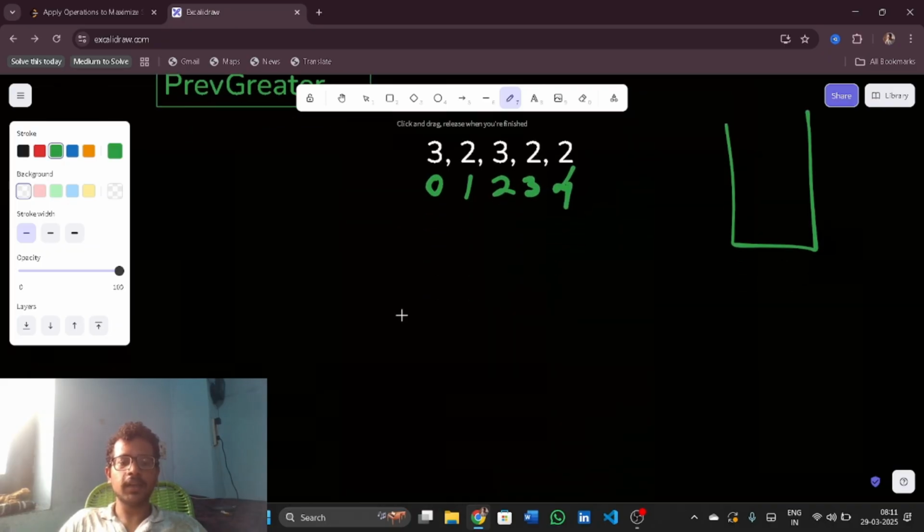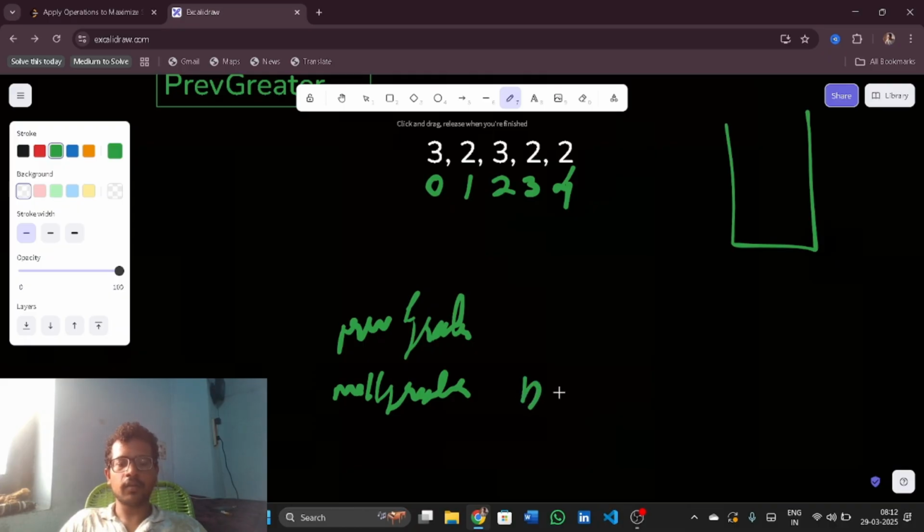Initially, previous greater would be initialized to -1 for every element, and next greater would be initialized to n.